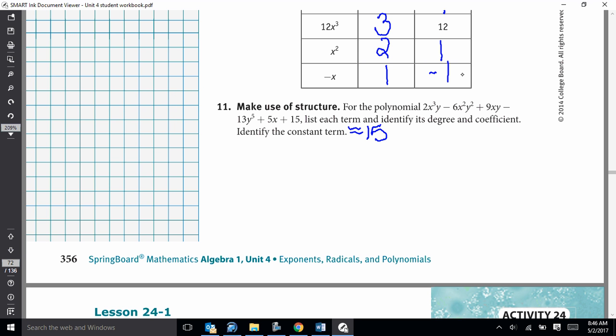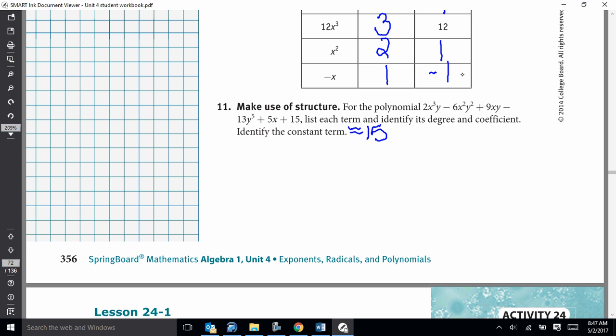All right, so here, what's our coefficient? Positive or negative? Negative. So signs matter. So we have a negative 6 in front. And then what's the degree on the x? 2. And then the degree on the y? 2. All right, so our next term.